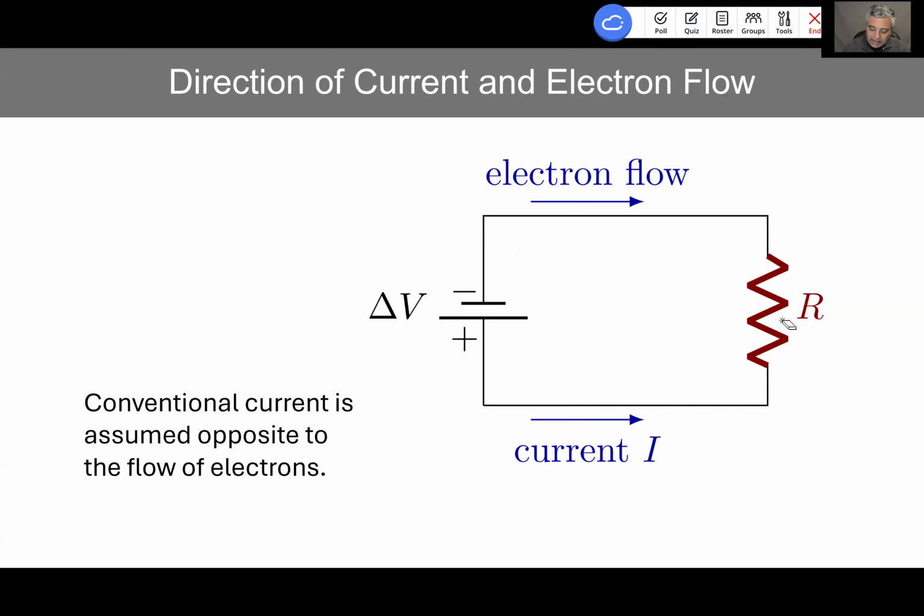We keep that convention they used, but now we also know that electrons are flowing this way. So when we say direction of flow of current, we always draw it from the positive terminal to the negative terminal. But when we say direction of flow of electrons, that has to come from the negative terminal.